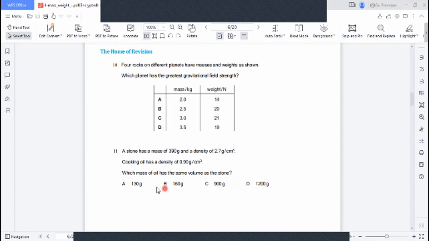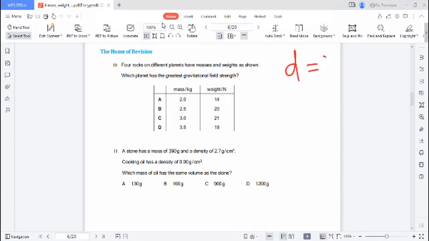Let's see what is given. We know that density is mass over volume. Actually we are looking for volume, so it would be mass divided by density.